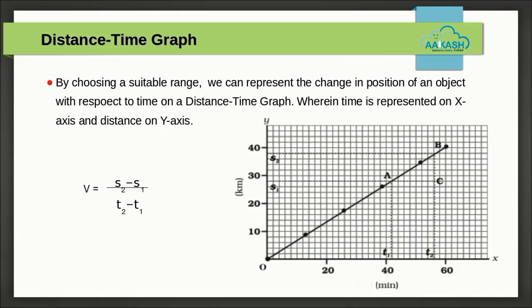Now on the graph, AC represents time interval t2 minus t1, whereas BC represents s2 minus s1. We can see in the graph that for an object to go from A to B, it needs to travel distance s2 minus s1 in time t2 minus t1. Hence the speed of the object is given by (s2 minus s1) divided by (t2 minus t1).